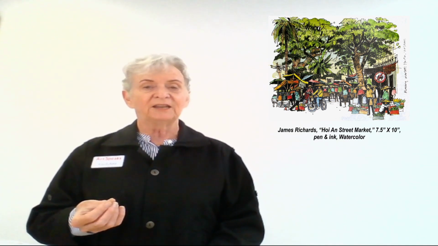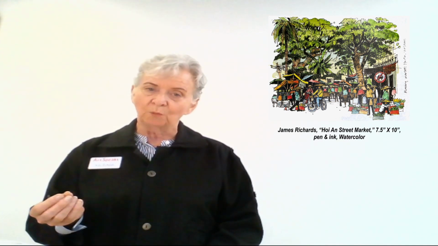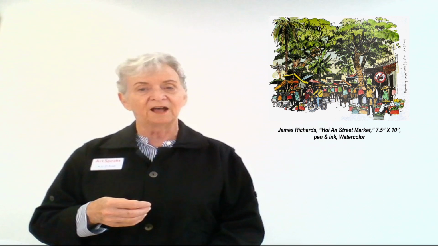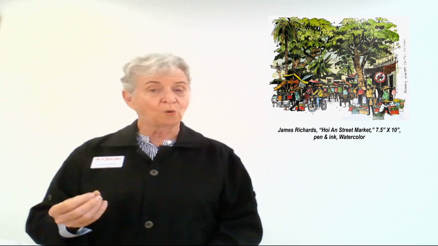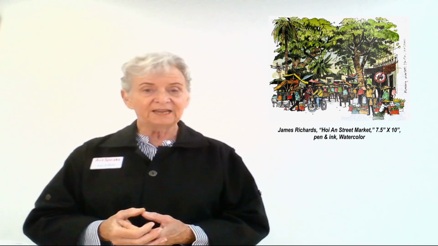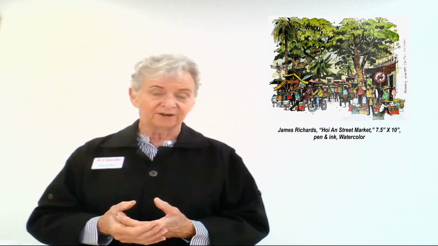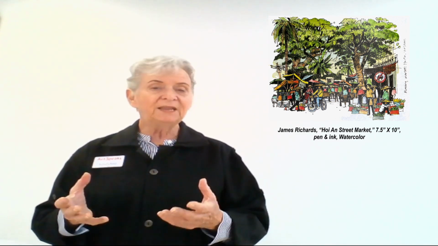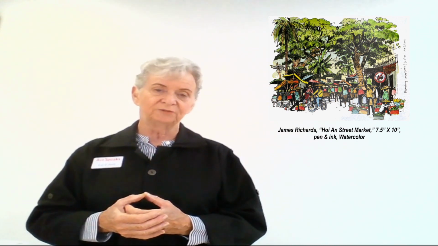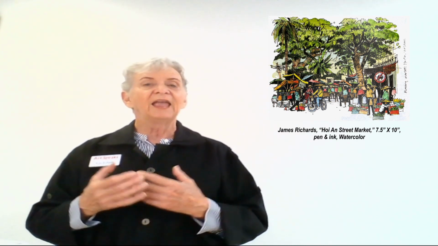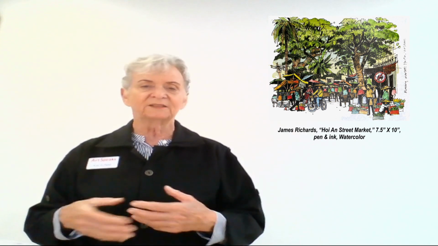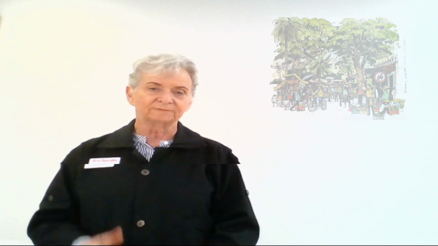So the line was done in ink, then he went back with watercolor and filled in the colors to record what he was seeing on the street while he was there. It's a very immediate response to the experience, and it's much more expressive than what a photograph would be.